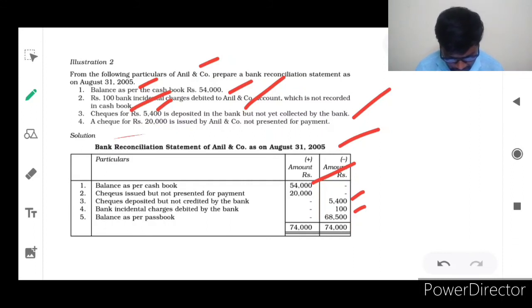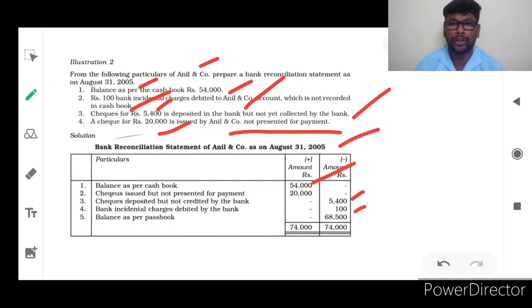The next one, which is the last one: a check for rupees 20,000 issued by Anil and Co. not presented for payment. So you are Anil and Co., right? You are the cashier for Anil and Co. So you are preparing the cash book, comparing it with the passbook, and preparing this bank reconciliation statement also. In this situation, Anil and Co. issued a check of rupees 20,000, but it is not presented to the banker.